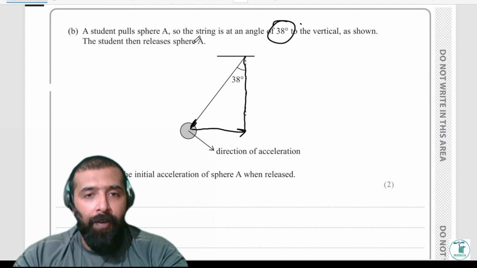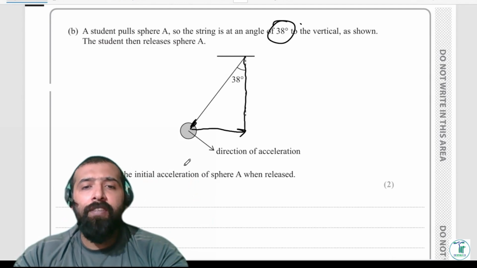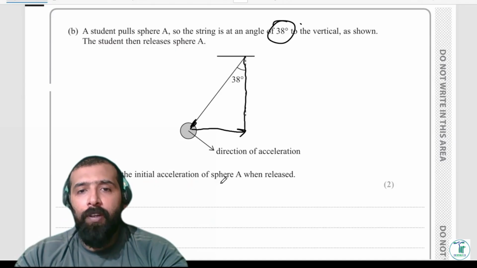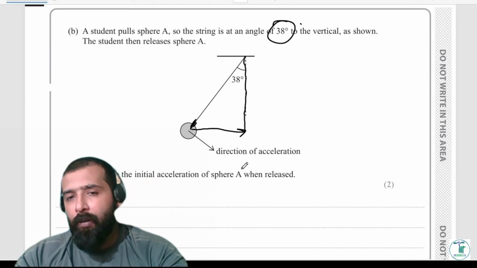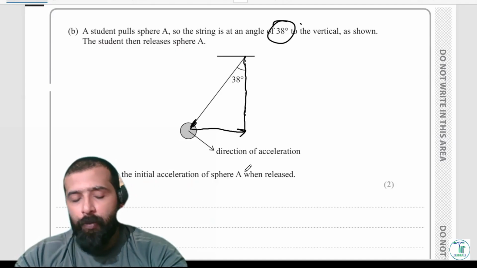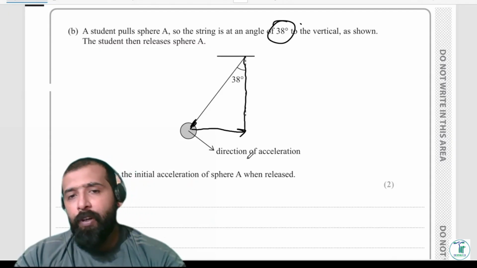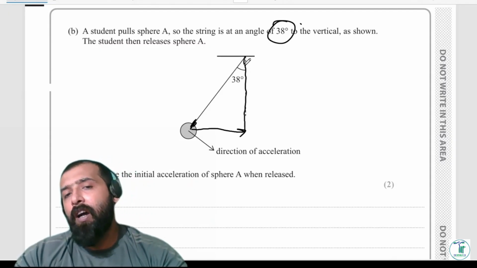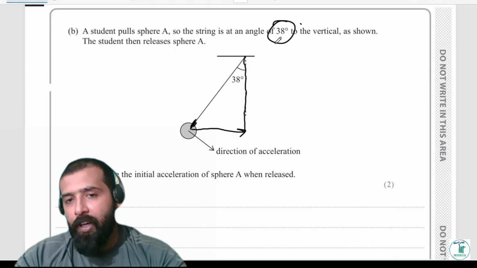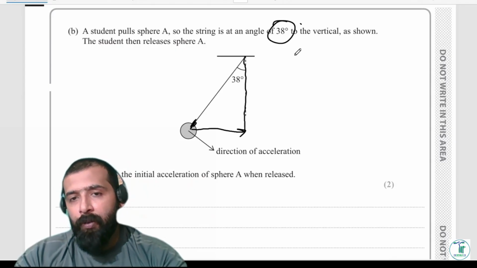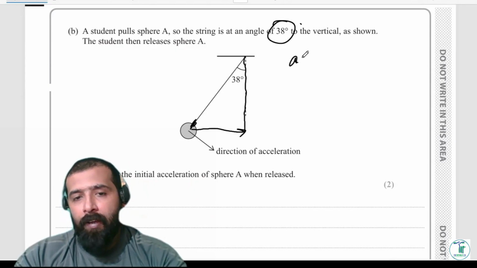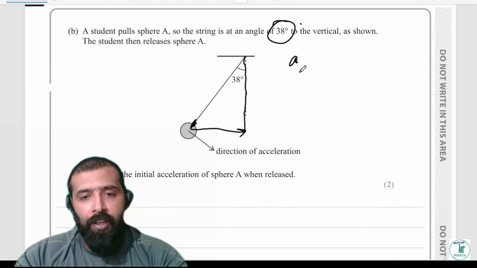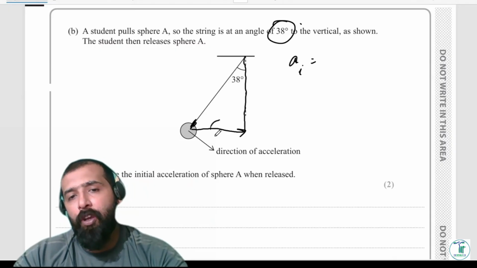The student releases sphere A. Determine the initial acceleration of sphere A when released. So you just need to calculate the initial acceleration of the sphere when it is released. What does that mean? It has to be a component of the gravitational acceleration, because we are looking for this component.